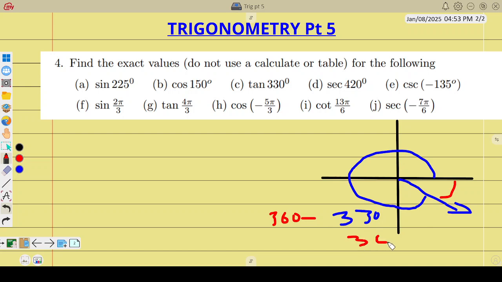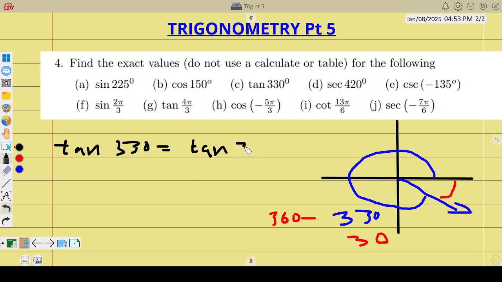We are going to have 30. So tan 330 will be equal to tan 30.